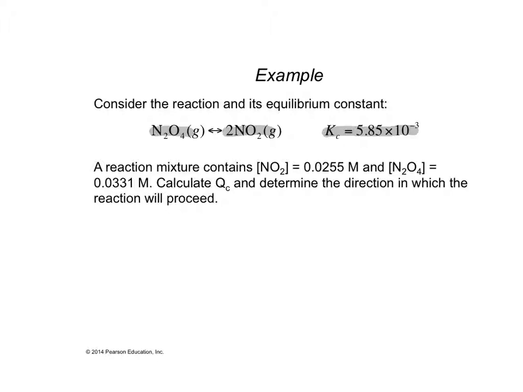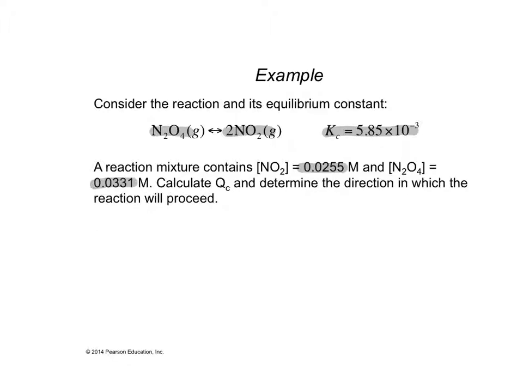Then they say we have a reaction, and at some point in time a concentration of 0.0255 for our product and 0.0331 for our reactant. They want us to calculate this ratio, the law of mass action. They want us to calculate the reaction quotient and determine whether the reaction will shift to the left or to the right. So which direction will the reaction proceed, okay?